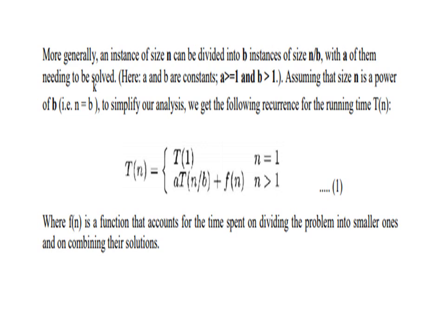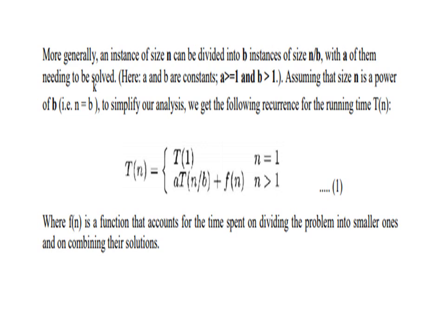And if n is equal to 1, then it is a constant time complexity, that is, we can say it is a constant, equal to g of n. To make it more clear, let us consider a problem with size n, and if we divide the problem into 4 subproblems, and out of 4 subproblems we need to solve only two of them.